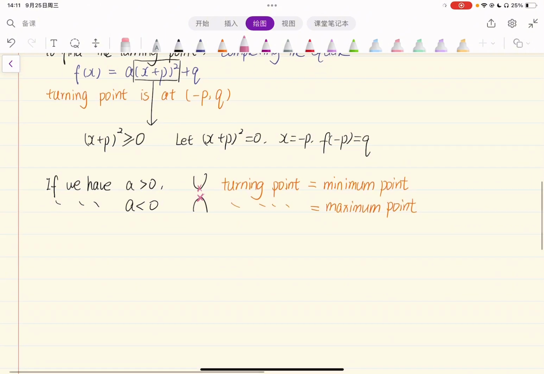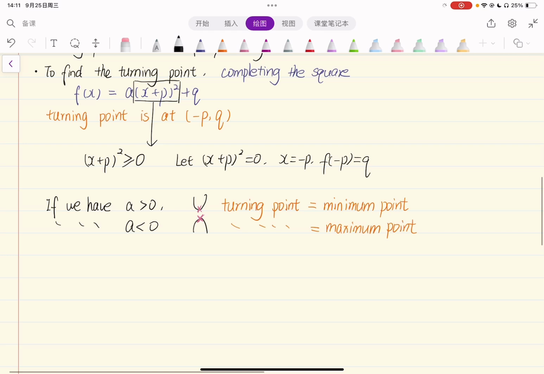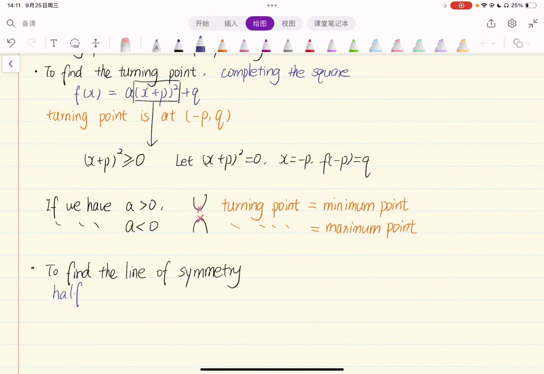Now let's talk about the line of symmetry. To find the line of symmetry, that is halfway between the two roots.